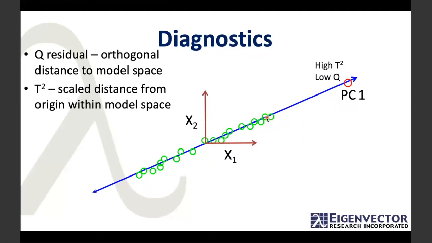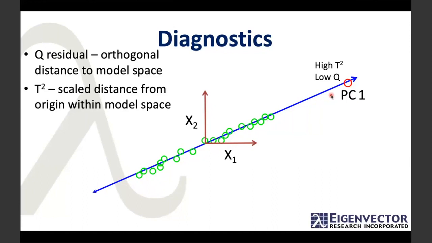Well, if you look back at a couple of slides ago where I actually drew PC2, the variation in PC2 looks to be noise or random variation, whereas I definitely have a systematic source of variation along PC1.